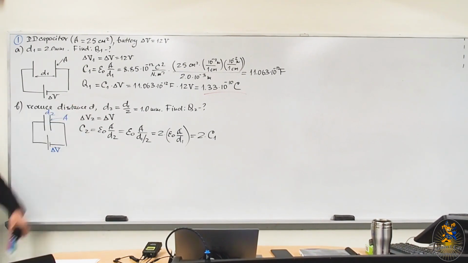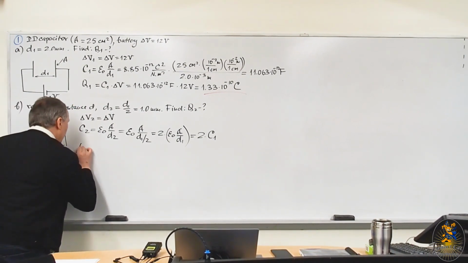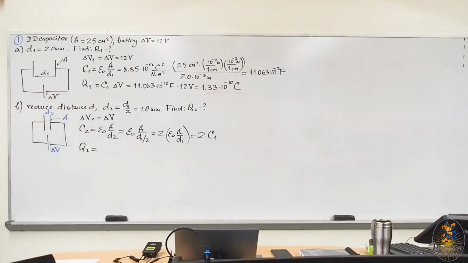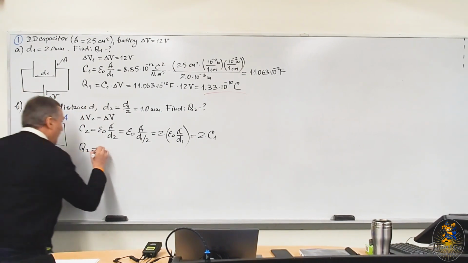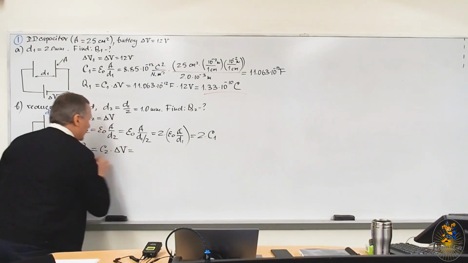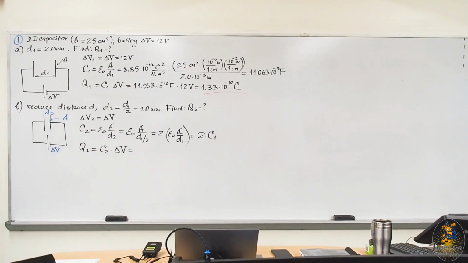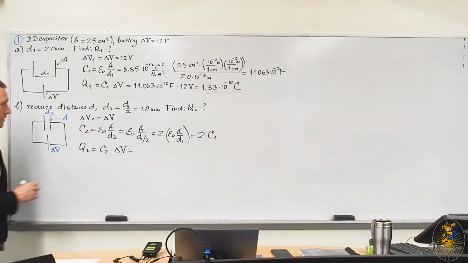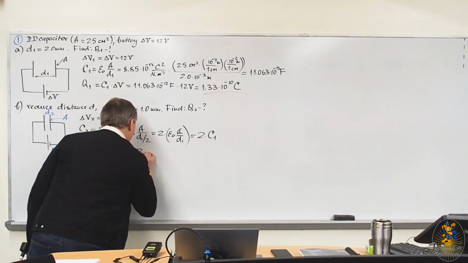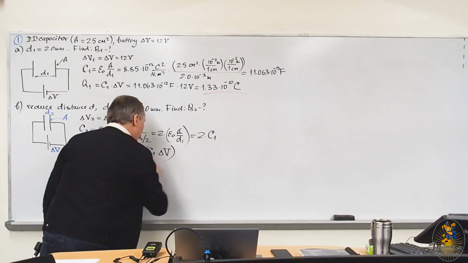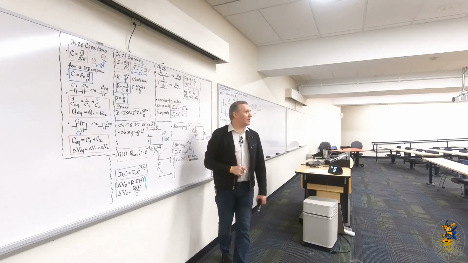Okay, and charge. Now let's find Q2. Again, from the definition of capacitance, it's C2 times delta V. Delta V, again, the same. And so again, I will use 2 times C1 and delta V. And C1 times delta V, what is that?